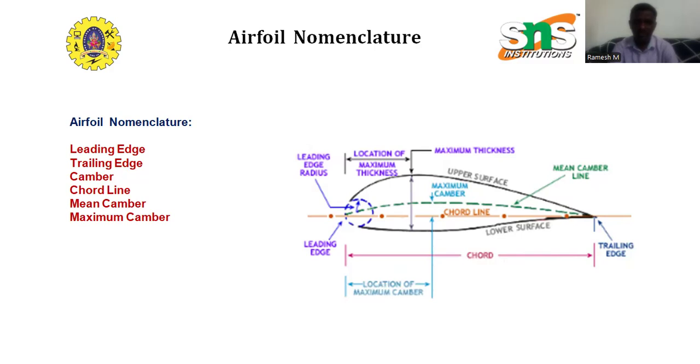Typically, it includes parameters like camber, thickness, and maximum thickness location, represented in a standardized format, often using a combination of letters and numbers. It facilitates easy communication and identification of specific airfoil designs.